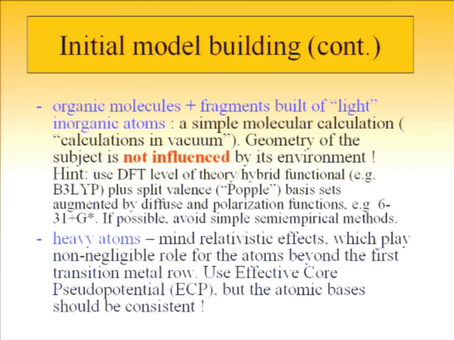For organic molecules plus some fragments built of light inorganic atoms, what I call inorganic atoms, say aluminum, potassium, or silicon. Yes, I would stop with germanium probably. A simple molecular calculation is standardly very easy. You can frequently come across the term calculation in vacuum.